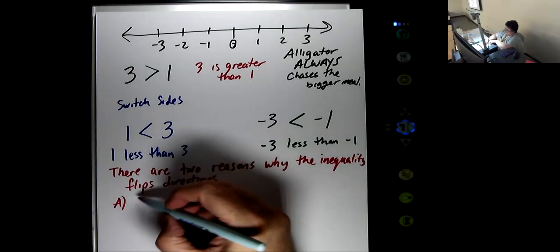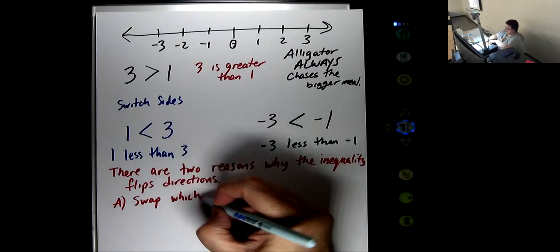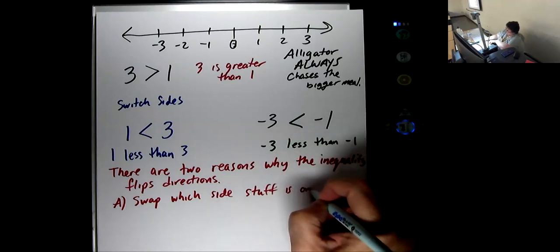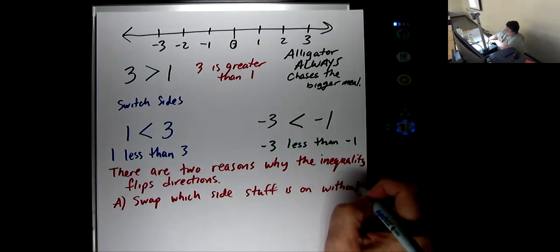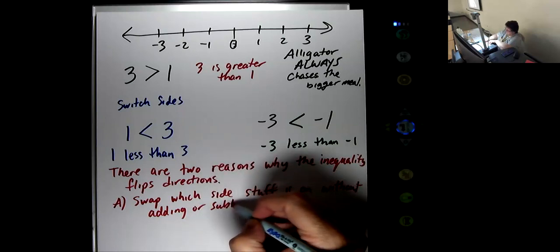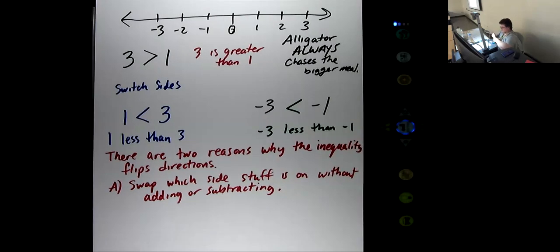The first is if we just swap which side stuff is on, without adding or subtracting. You might do this if you like using the little arrowhead, since the symbol looks like an arrowhead.